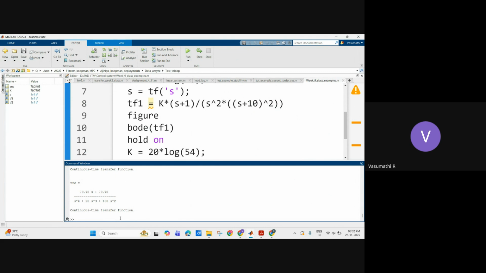It should be 20 log of K is 54. It's 10 power 54. No. Okay, wait.